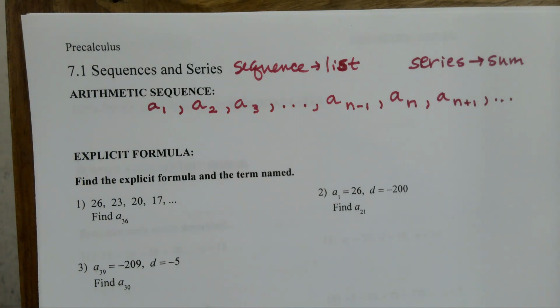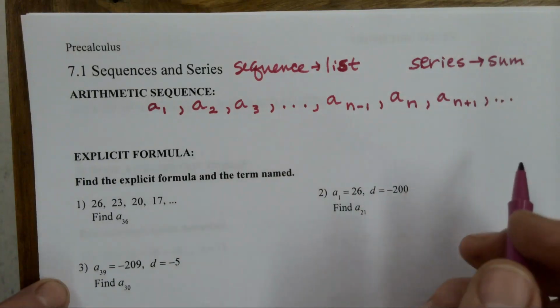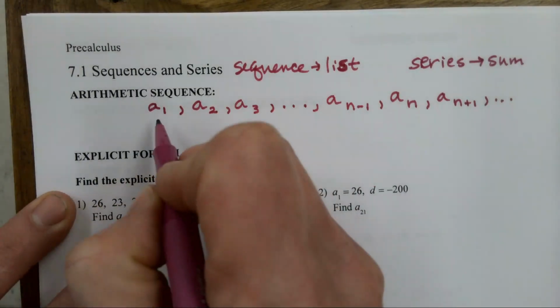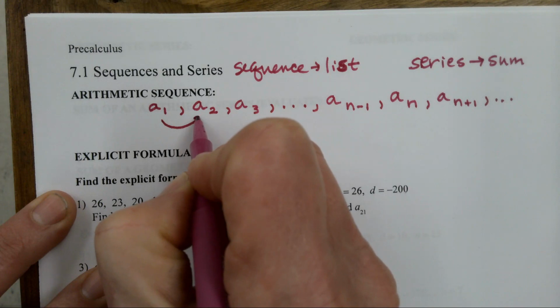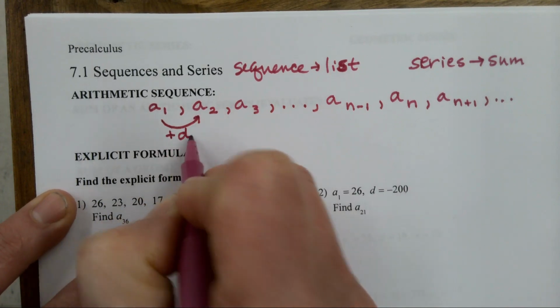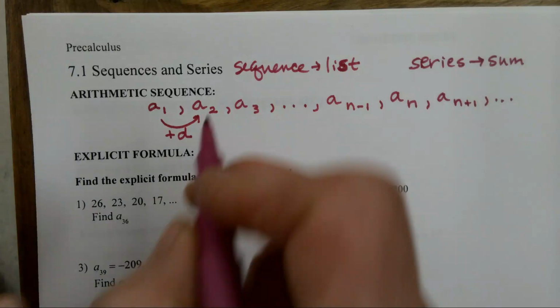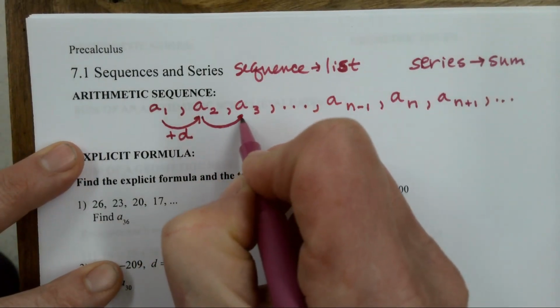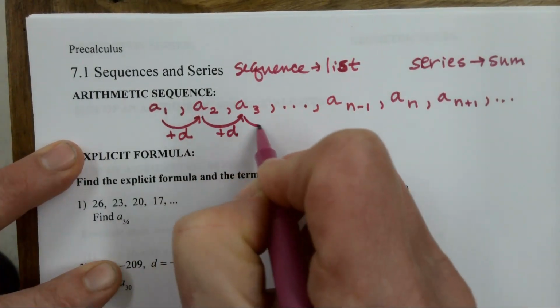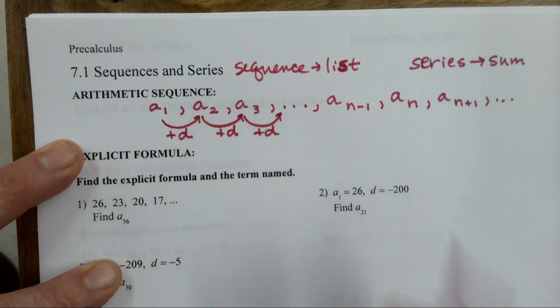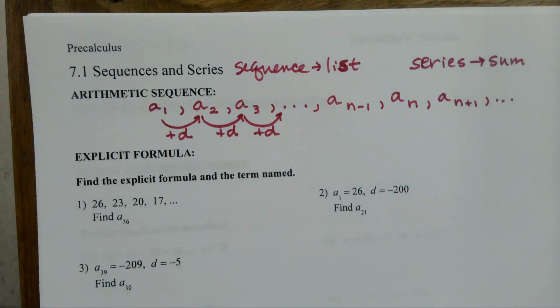So an arithmetic sequence in general looks like this. What makes it arithmetic? Every move I make, I have a common difference between the two of them. To get from A sub 1 to A sub 2, I would add this common difference, and to move on, I would add that same D, and to continue on, I add the same D. And so it's a constant common difference.